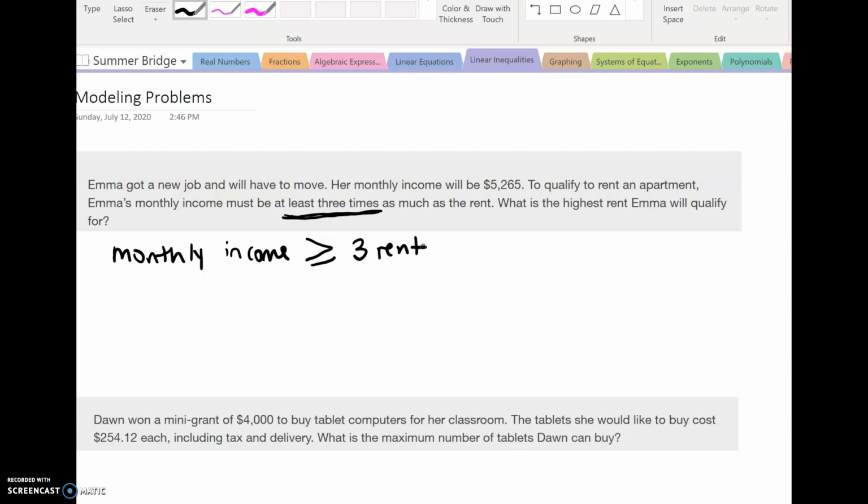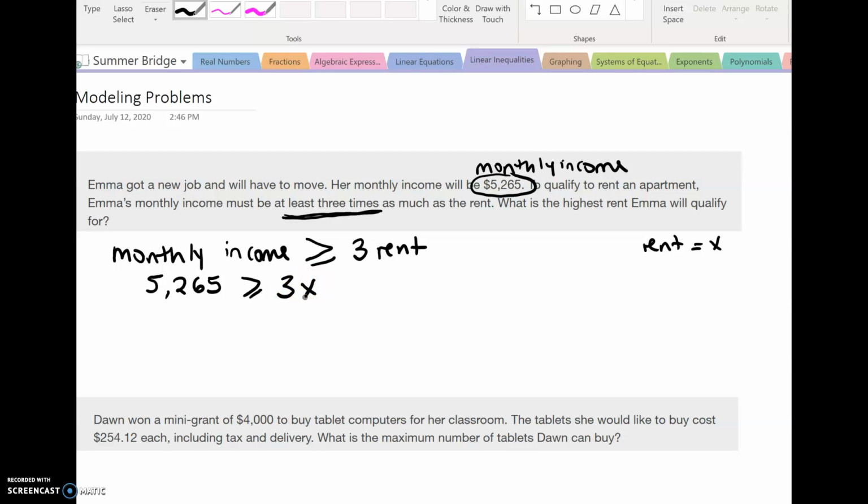What is the highest rent Emma will qualify for? So now I know what my monthly income is. I'm just going to represent the rent as an X. And so I'm going to do 5,265 has to be greater than or equal to 3x.